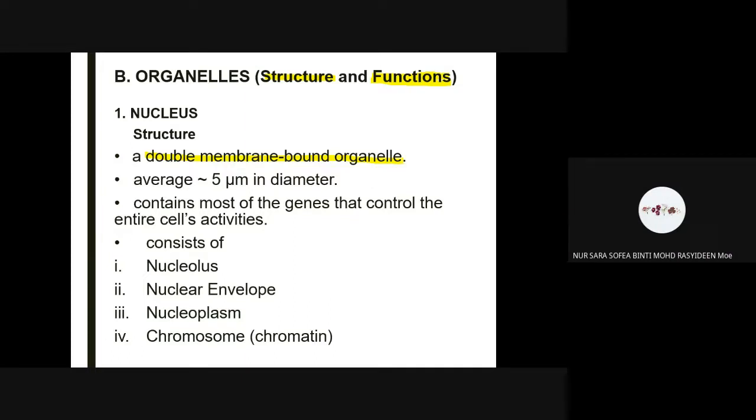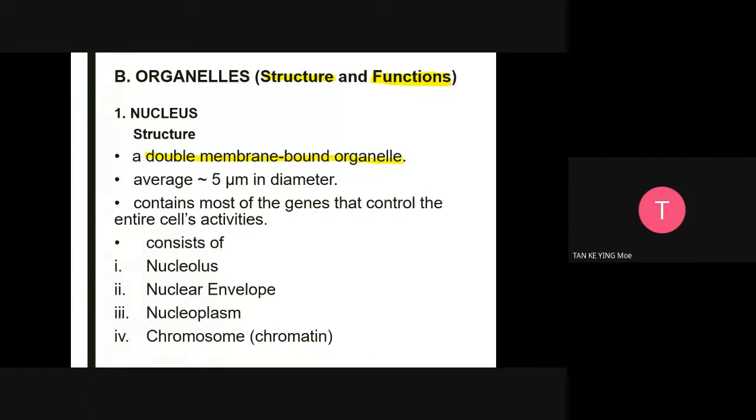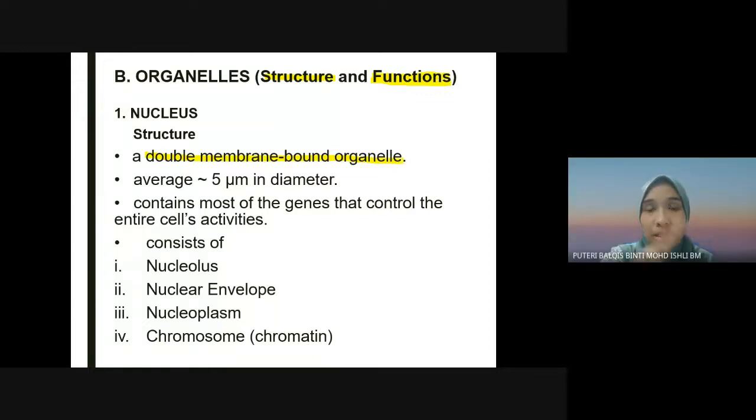Vacuole. Macam saya cakap tadi, vacuole dia ada tonoplast. Dia tak ada double membrane. Keying. Satu lagi. Chloroplast. Yes, very good. 3 organelles that have double membrane: nucleus, mitochondria, chloroplast.